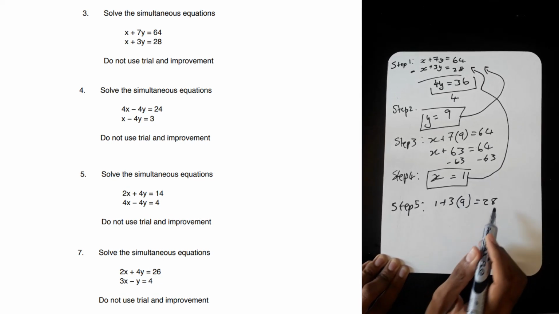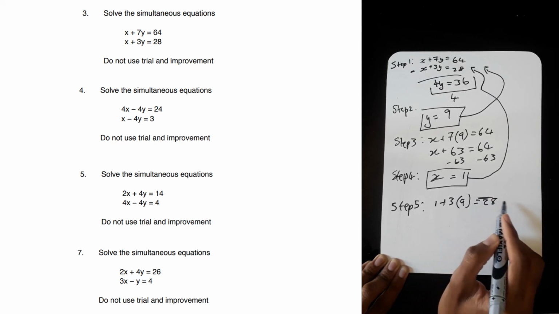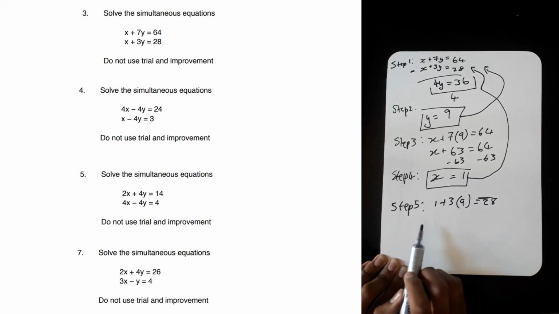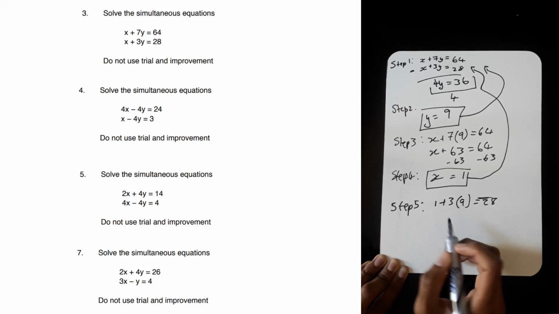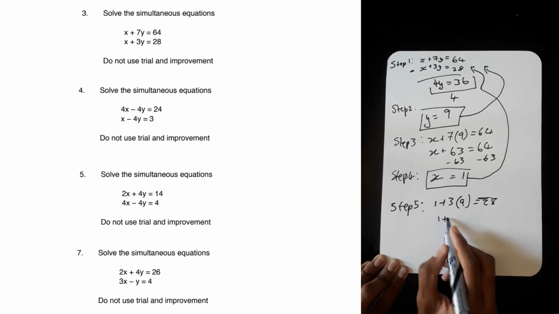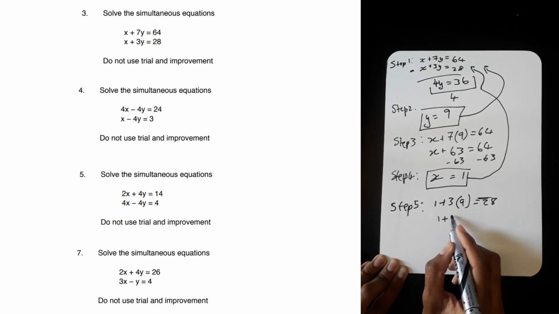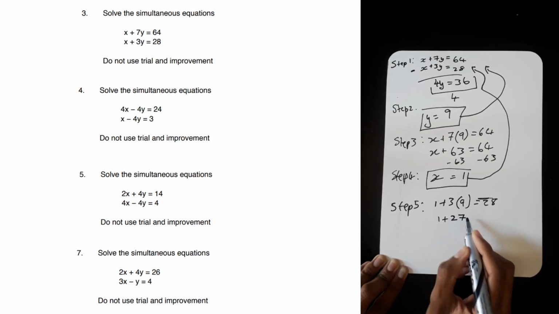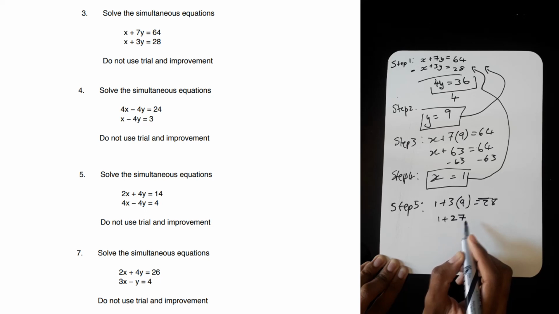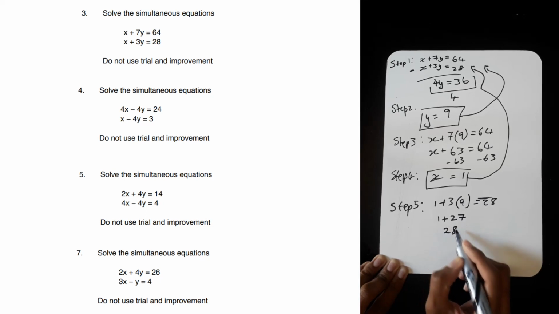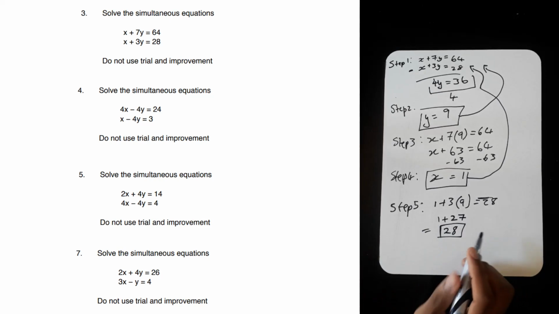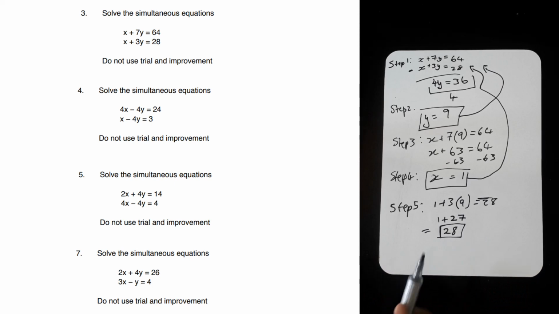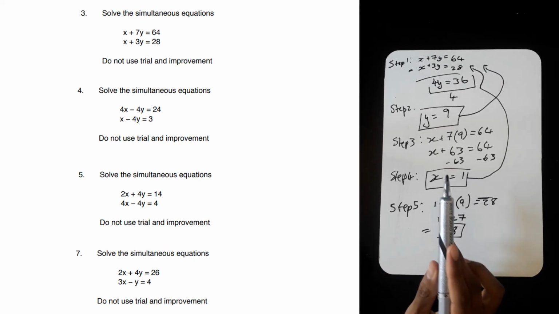To see, I mean, yeah. And if it gives you 28, then this should be right. So it's going to be 1 plus 27, which does equal 28. So that's how you find out if you have the right answer. So yeah, our x is 1 and our y is 9.